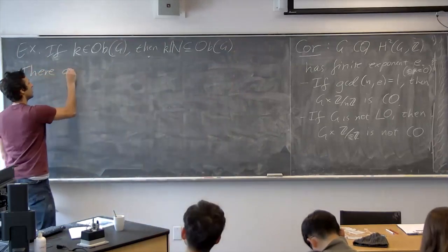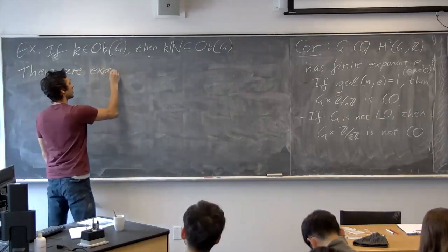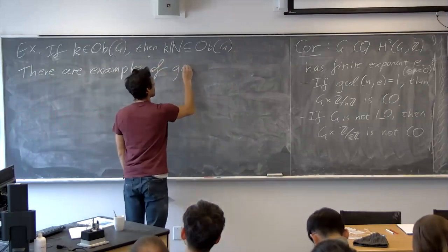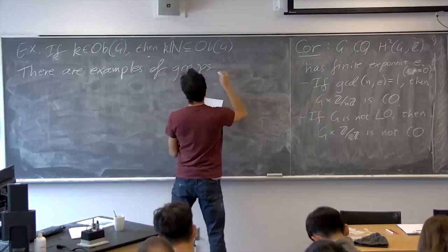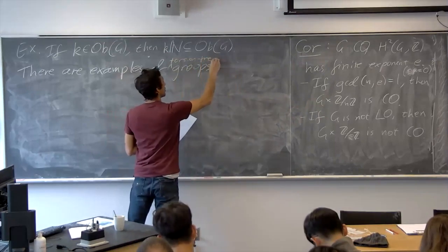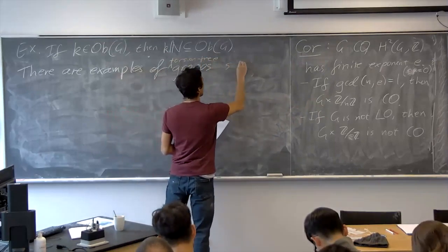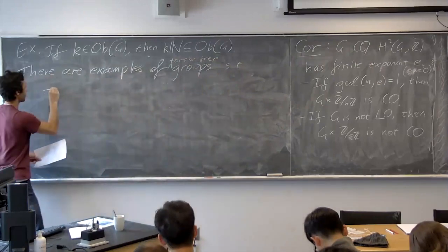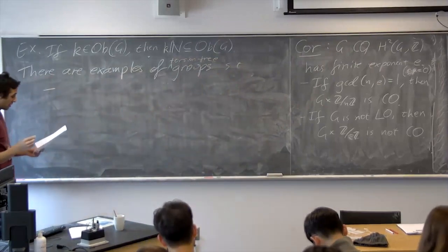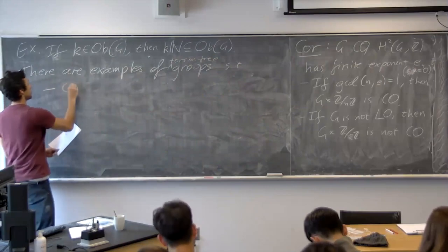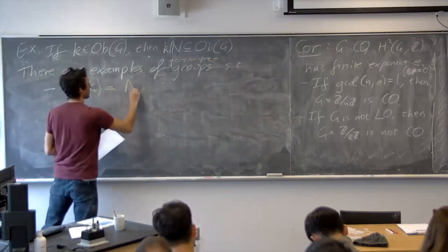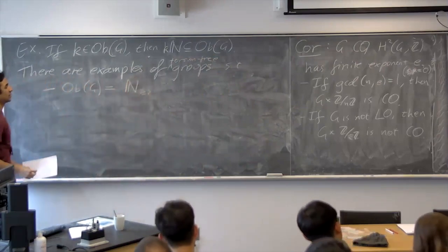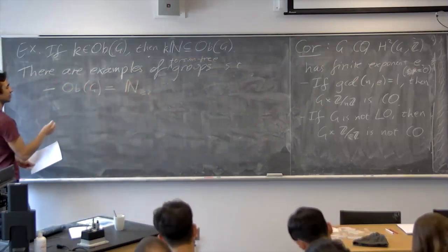There are examples of torsion-free groups such that the obstruction spectrum of G is equal to everything, like circularly orderable groups, where this is true.